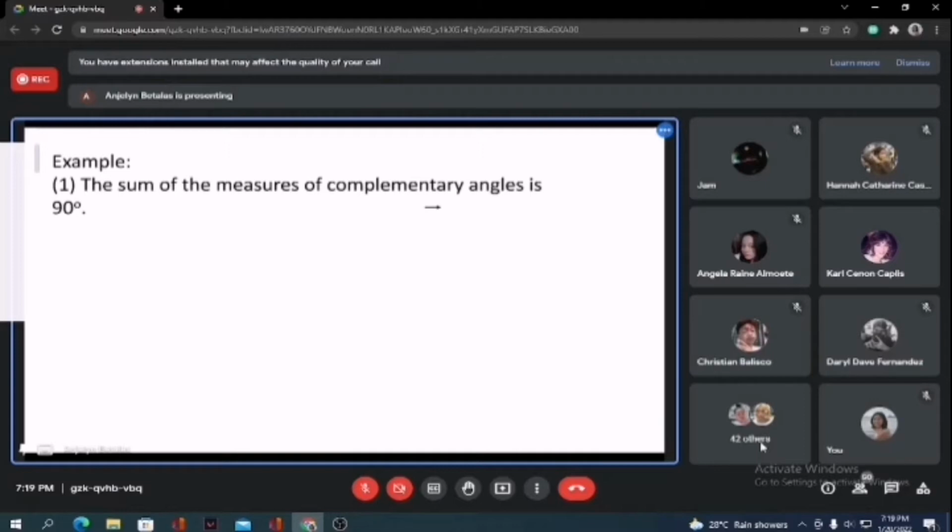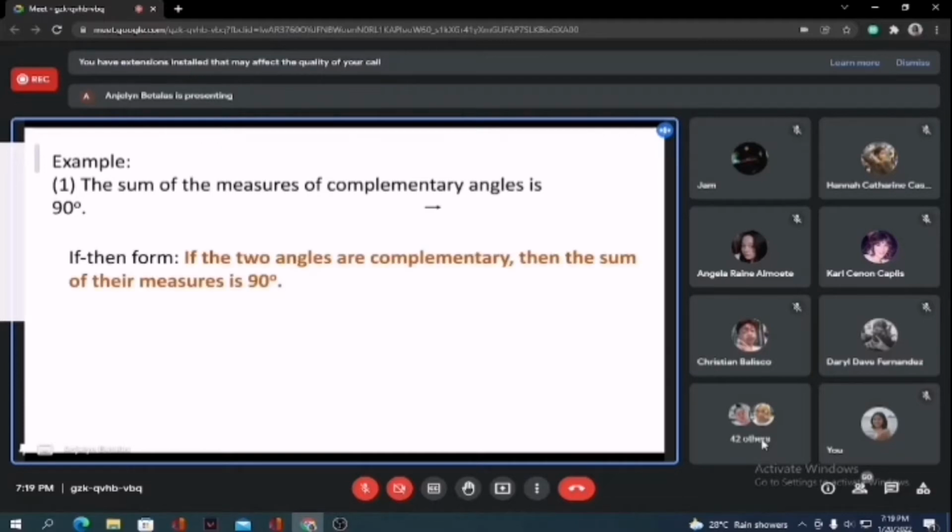So your hypothesis is that the two angles are complementary, and then you conclude that their sum is 90 degrees.